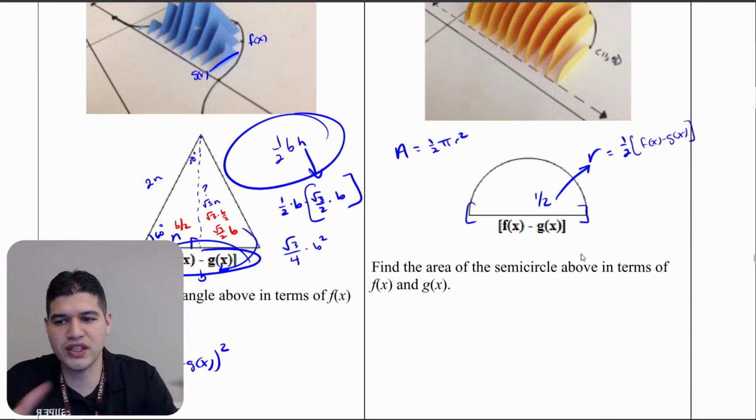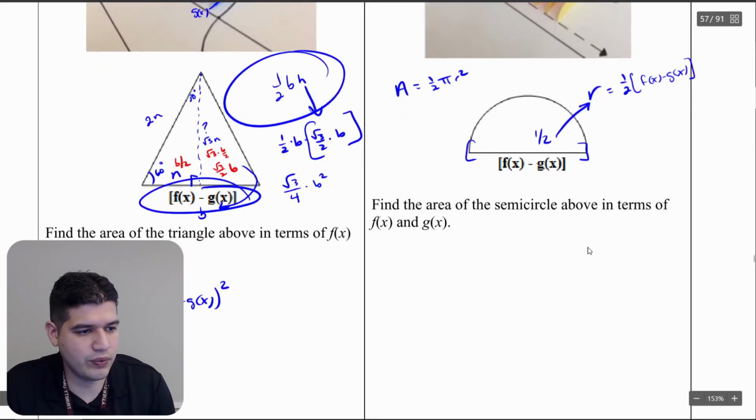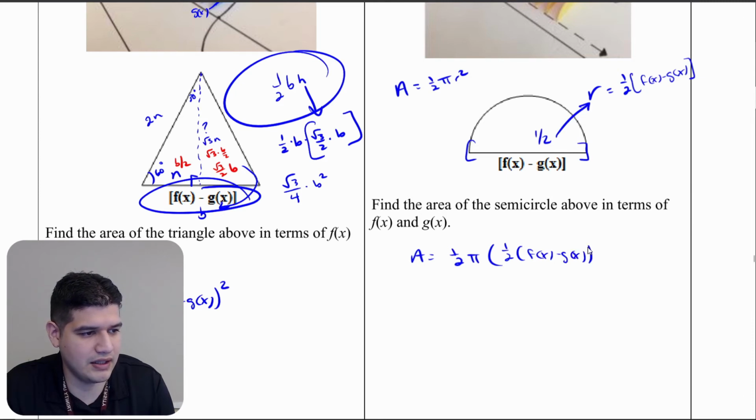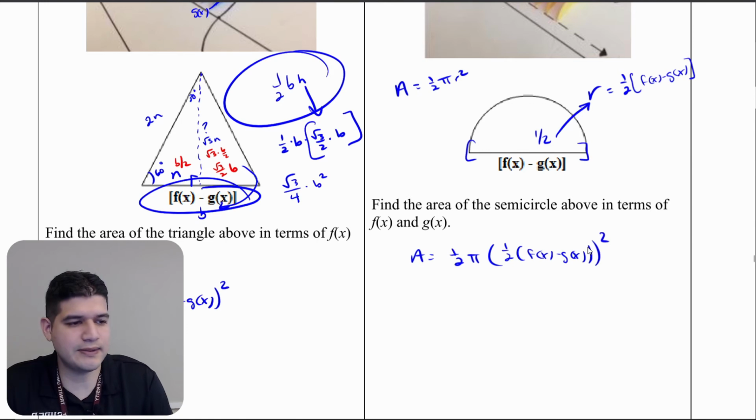So let's put this all together. The area is going to be 1/2 pi times my radius, which is 1/2 f of x minus g of x, and all of that gets squared. Let's simplify this a little bit.